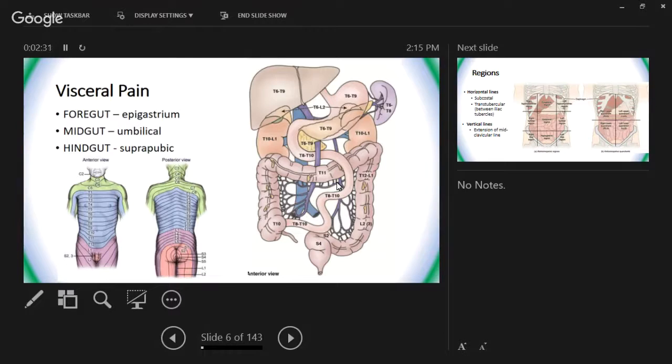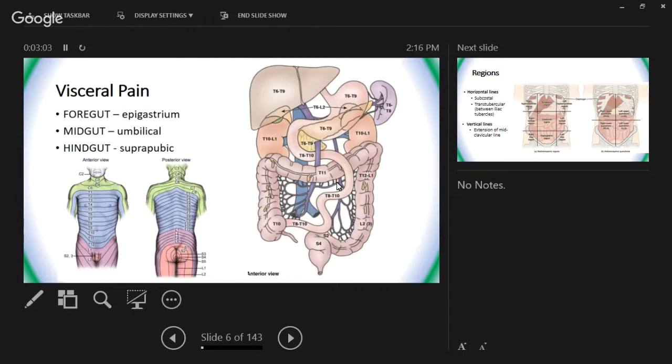The reason for that is that visceral pain fibers track with sympathetic nerve fibers. For example, the sympathetic nerves that innervate the stomach go to T6 to T9 vertebral levels, and so the visceral pain fibers from the stomach also go to T6 to T9 vertebral levels. That's why pain refers to the T6 to T9 dermatomes.